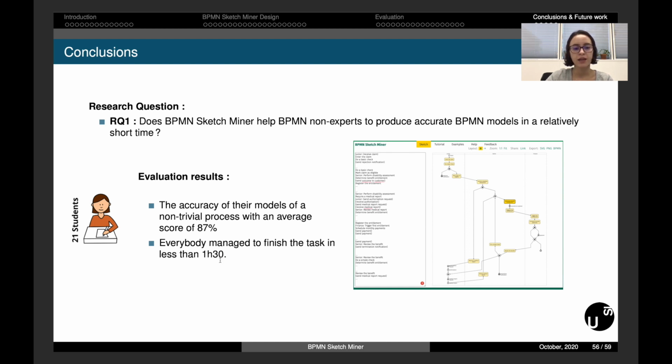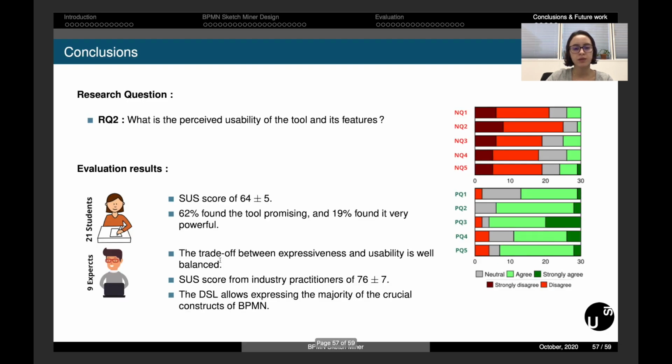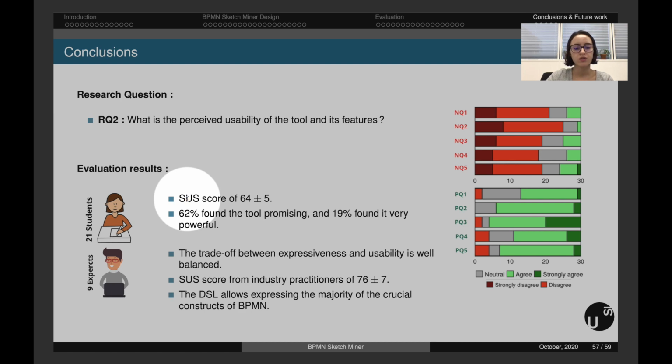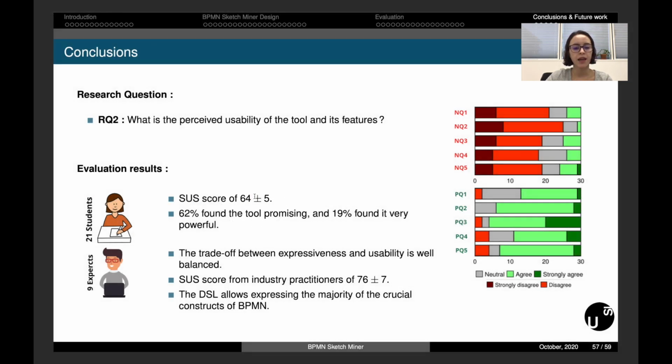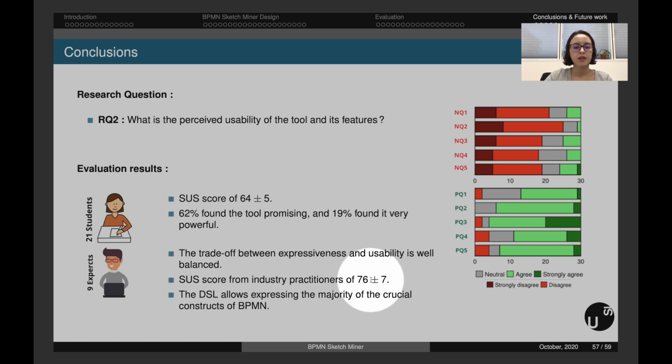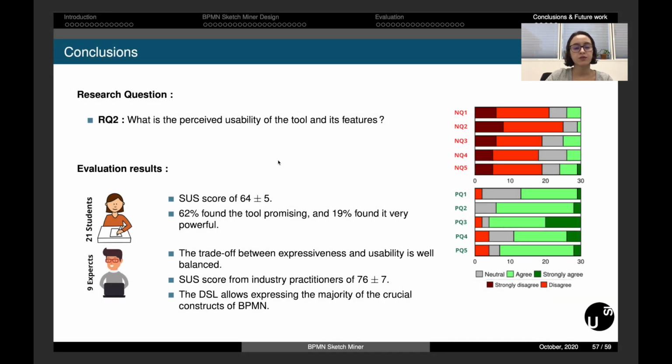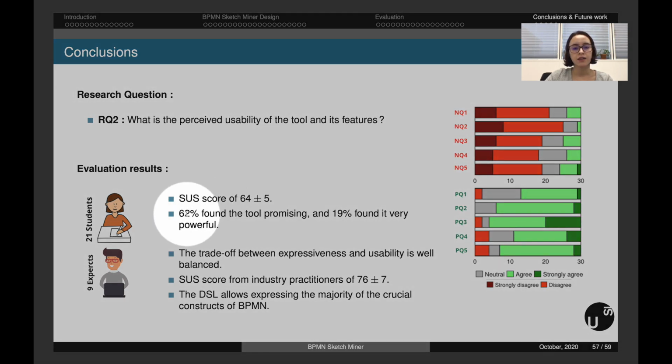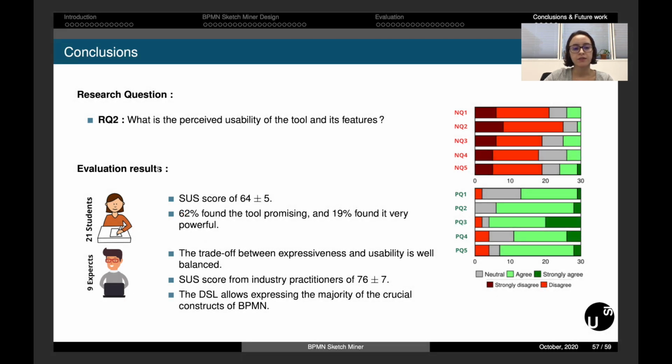The second question was about usability, where we used the SUS method for calculating the scores. The score for the students was 64 and the score for the analysts was 76. We also found that 62% of the students find the tool very promising, and even 19% find it a very powerful tool.